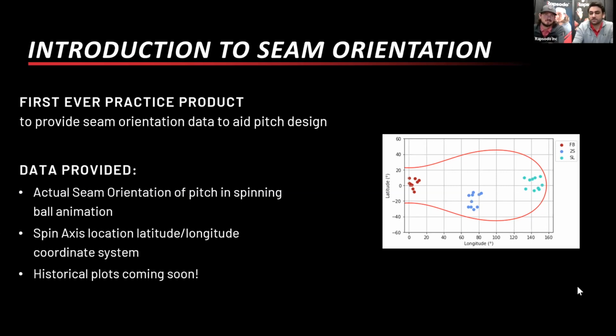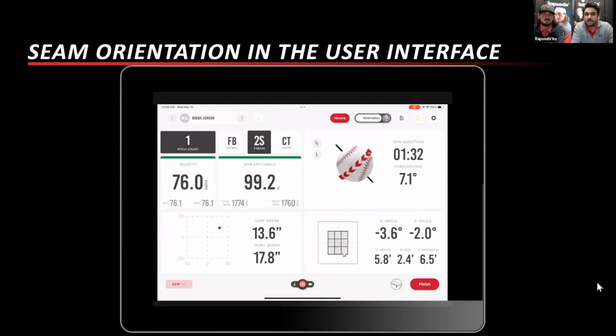So now we're going to take a look at seam orientation in the user interface in our Diamond app. I'm going to briefly explain what you're about to see. Up here in this right corner, you can see where the spinning ball animation is.